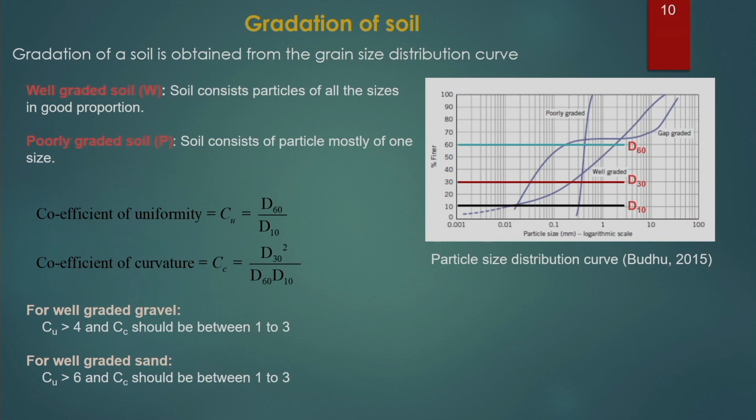In well graded soil, particles of different sizes are present in a good proportion. In poorly graded soil, particles of mostly one size or another size will be present. So, it will not give a uniform distribution of the particles. So, that is why this is known as poorly graded soil.